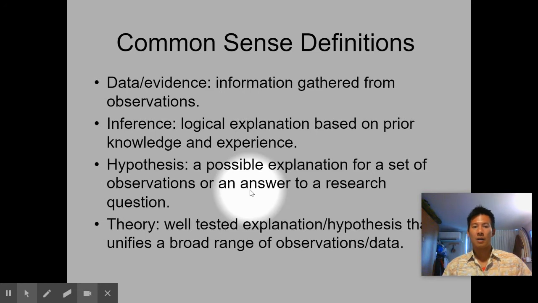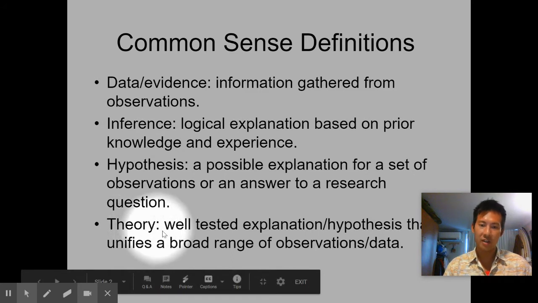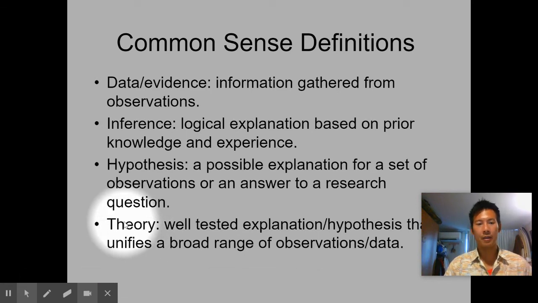And that is how science is different from possibly a history or English class, because in science you actually test your thesis, and that's why it's called a hypothesis. Eventually, if your hypothesis has not been proven false through a very huge, broad range, it will eventually become a theory.